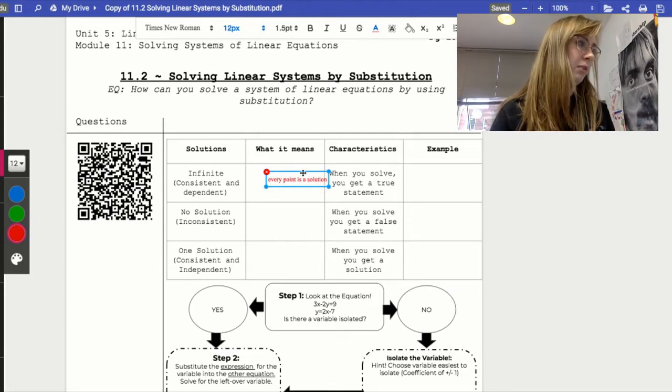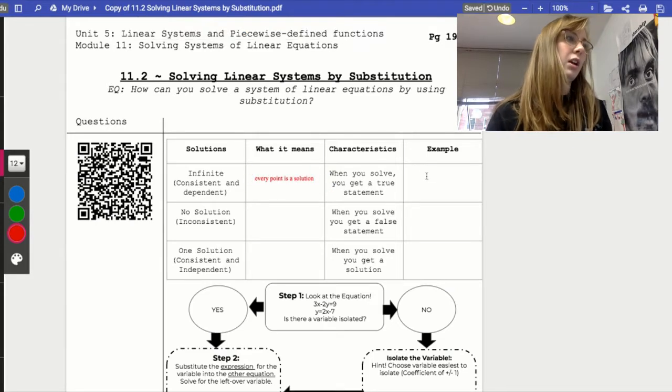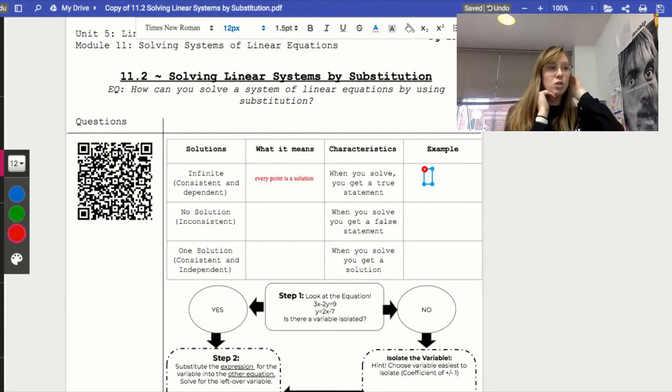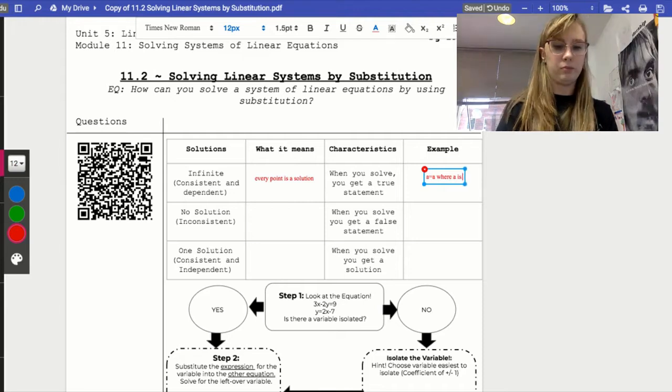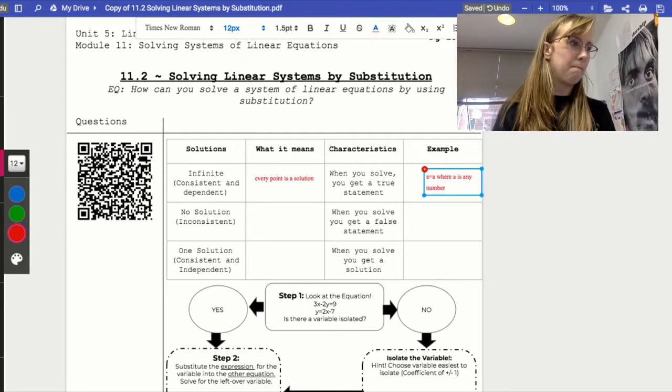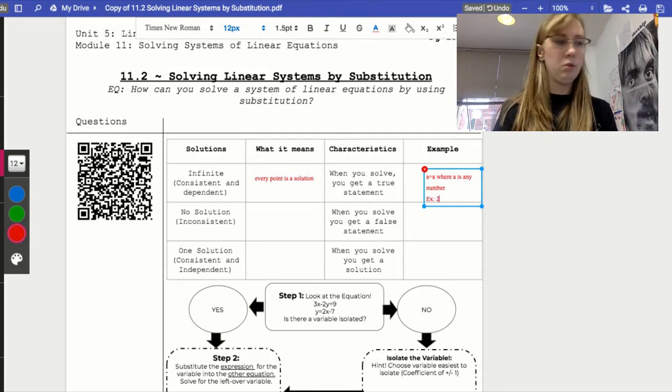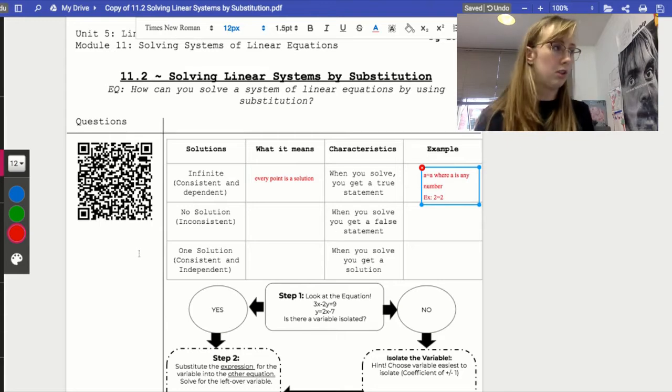Infinite solutions means that every possible point is going to be a solution. When we're solving using the substitution method, what this looks like is that we'll get A equals A, where A is any number. For example, 2 equals 2. If you end up with 2 equal to 2, then guess what? It's going to be infinite solutions.